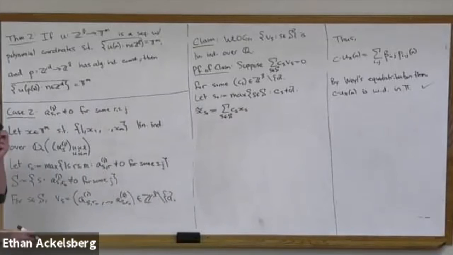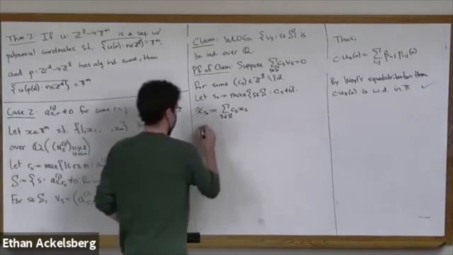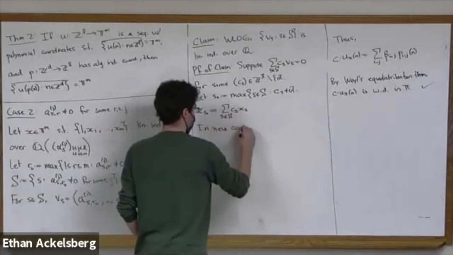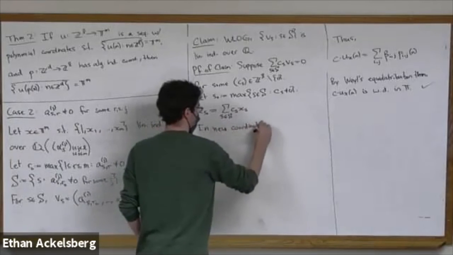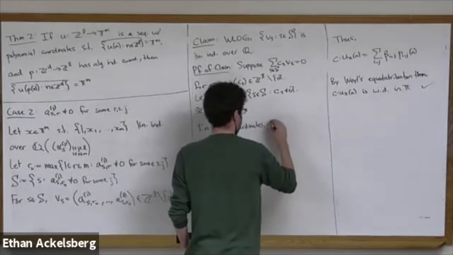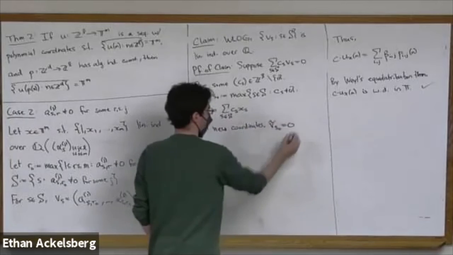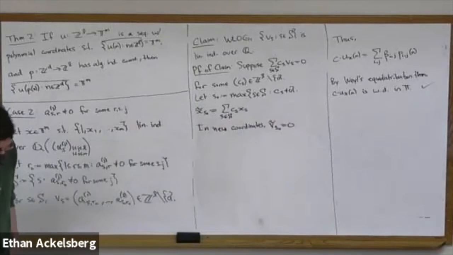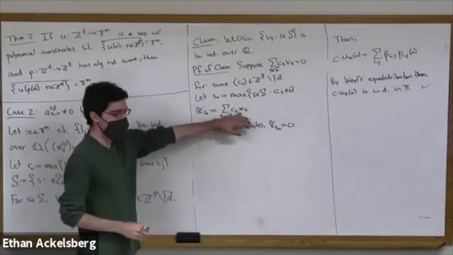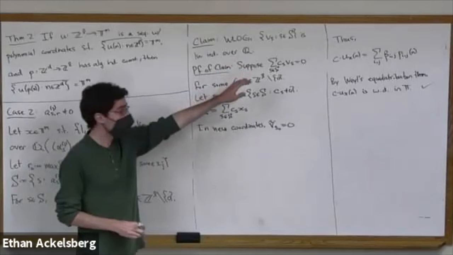So what does this do? Well, we took this combination. So in the new coordinates, the vector VS0 is just 0, right? Because it's going to be the combination of the previous vectors, but that is 0 by assumption.